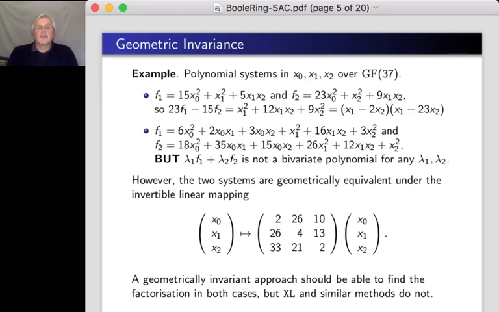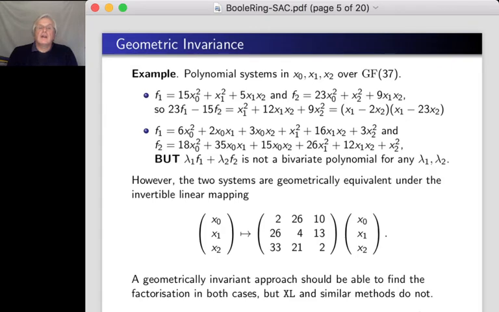Okay, so here's a very simple example. To give a general idea of what happens away from GF2, I have a polynomial system over GF37, f1 being 15x0 squared plus x1 squared plus 5x1x2, f2 being 23x0 squared plus x2 squared plus 9x1x2.